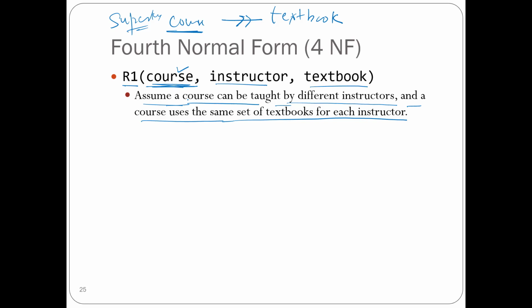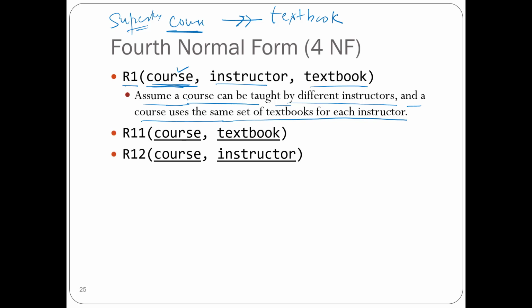So you should expect multiple records for the course number. So it needs to be broken down into 2 relations. How will you break that? In R11, you will keep the course with the textbook, and both are taken together as the primary key. The second relation would be course and instructor. Here also, we would need both attributes for the primary key.